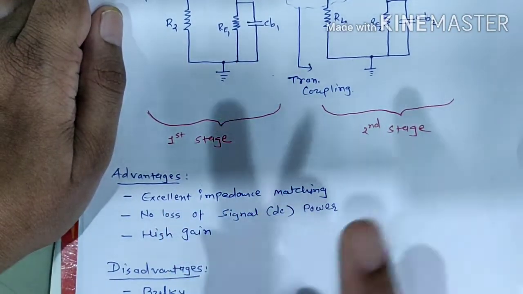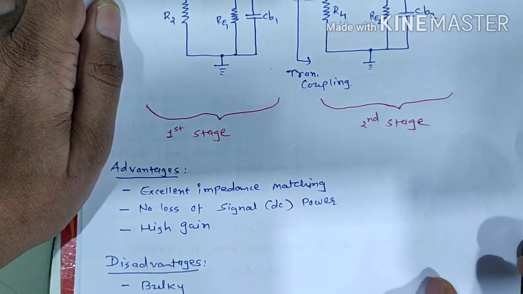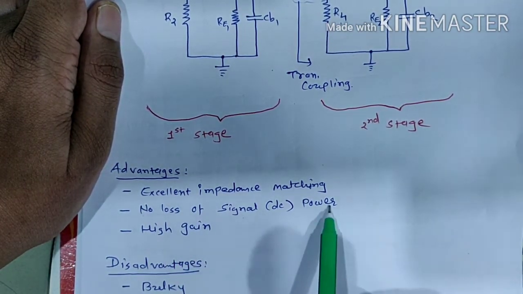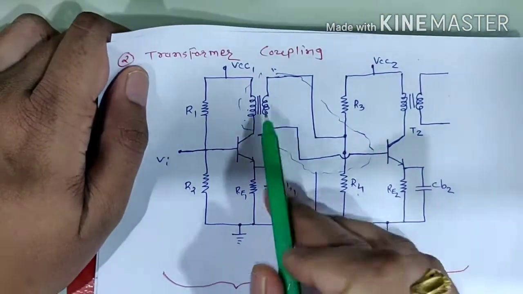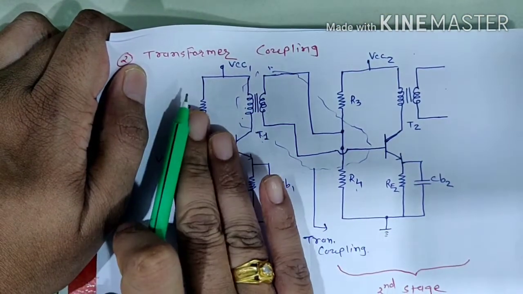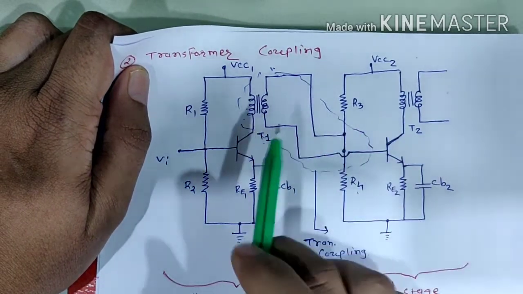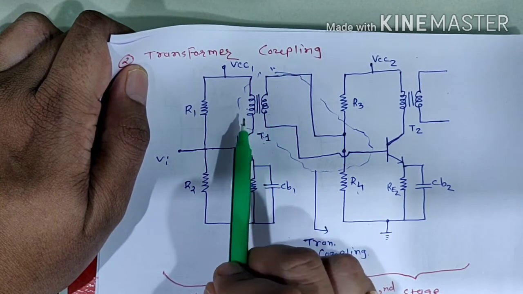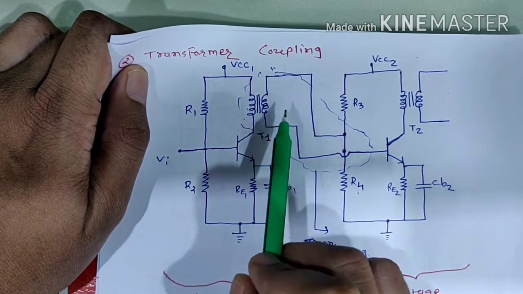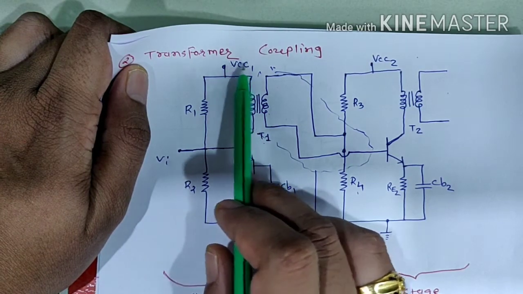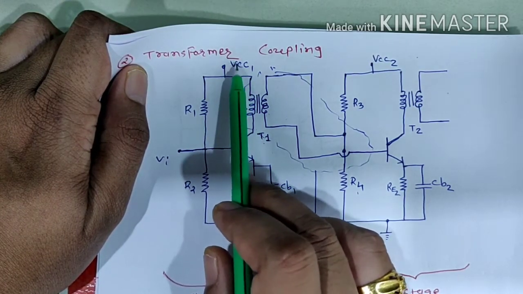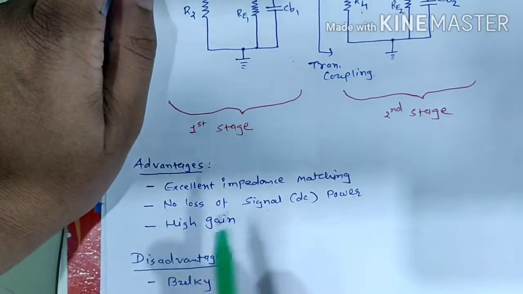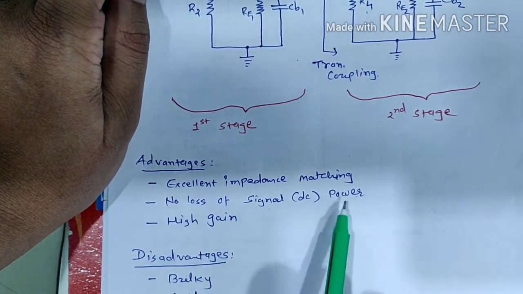Second, there is no loss of signal DC power. Here there is complete isolation between the first stage and the second stage through a coil. There is no physical connection between the first stage and the second stage, so there is no power flow from the DC power source into this side. So we can say that there is no loss of signal DC power.